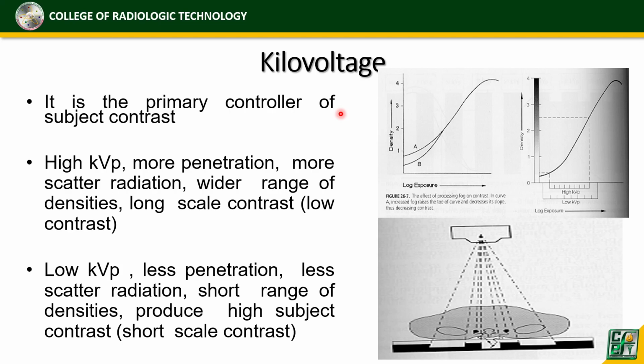Then, if you use low KVP, less penetration, less scatter radiation, short range of densities, okay? High subject contrast, okay? Short scale contrast. Okay? Clear? May nalilito ba sa high scale sa long scale? Wala.